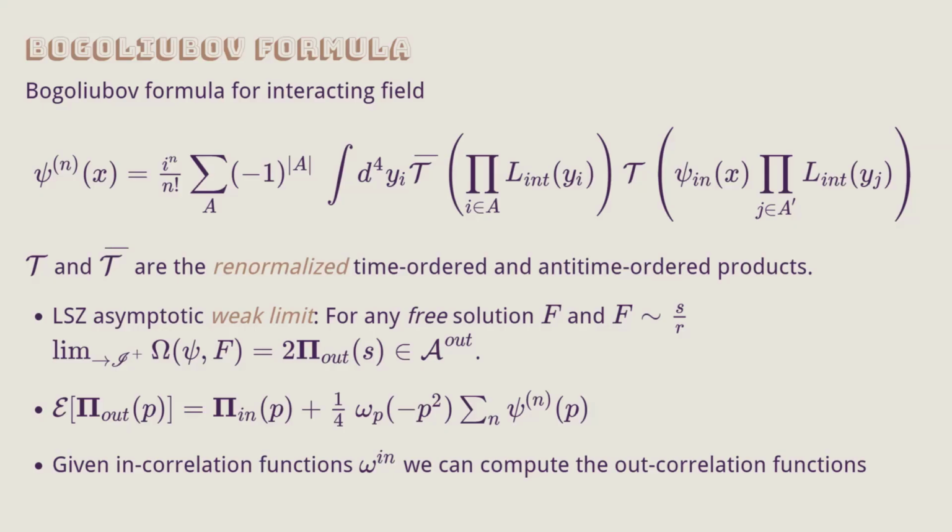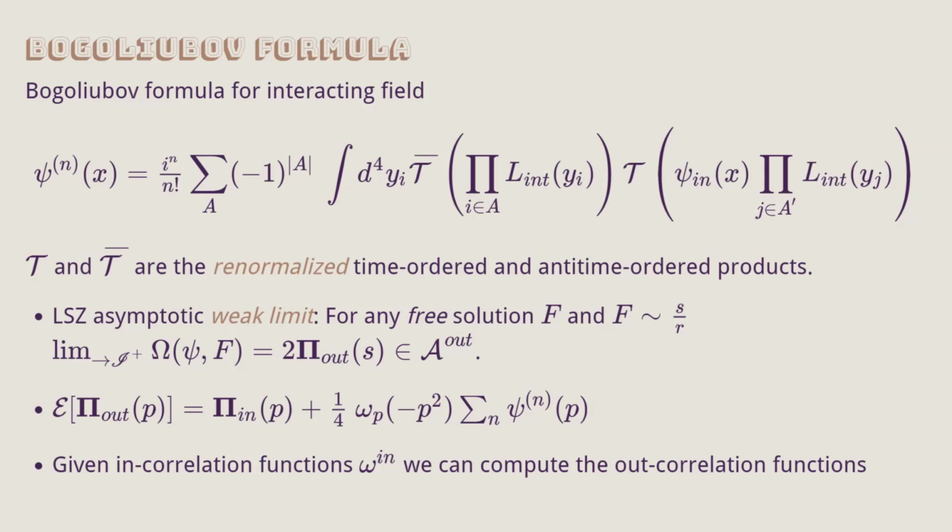For scalar theories, this symplectic form is just field times normal derivative of field minus the opposite, antisymmetrized. What LSZ say is that this limit to far future, far past gives you the asymptotic operator in the theory. Here I've switched to scalar fields instead of doing gravity because I don't know how to do bulk quantum gravity yet.